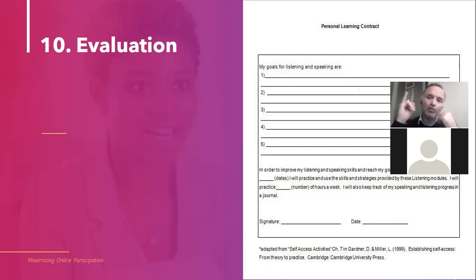One way is giving them contract learning. It's a new concept where you give your students a template and you get them to write down why they are attending the course.